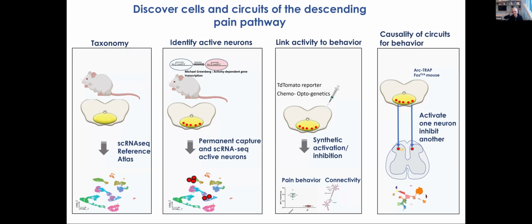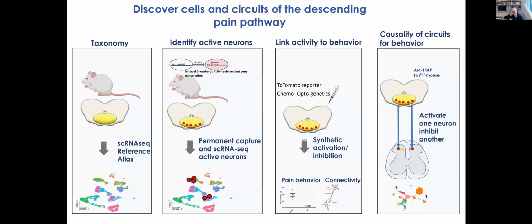So we now know exactly the molecularly defined neurons in the RVM. And then, based on activity-dependent gene transcription, using TRAP mice, such as the ARC TRAP in this case, to permanently capture neurons that are active during behavior.